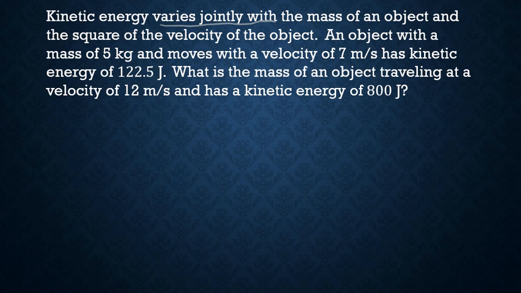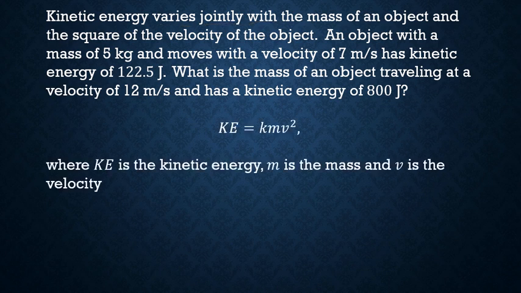So here's what I chose to use as the names for each of these quantities. I used Ke for kinetic energy equals k times m for the mass times v squared, v standing for the velocity of the object. Again, this was step one.